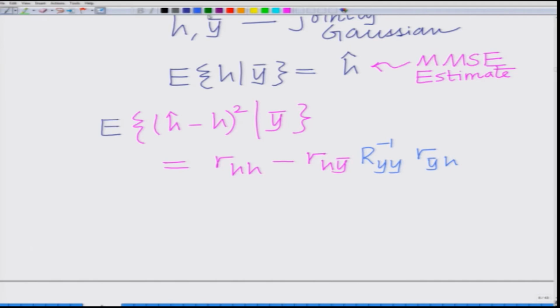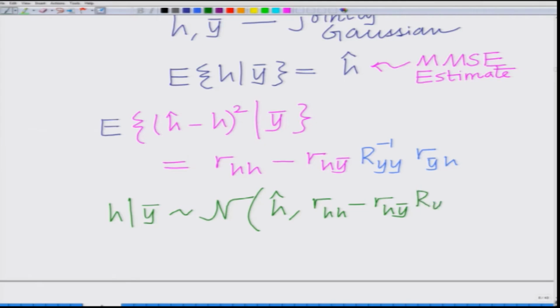What we have therefore is that h given y bar has a Gaussian distribution with mean h hat given by the MMSE estimate, and variance given by the mean squared error, that is R hh minus R h y bar R y y inverse R y h.